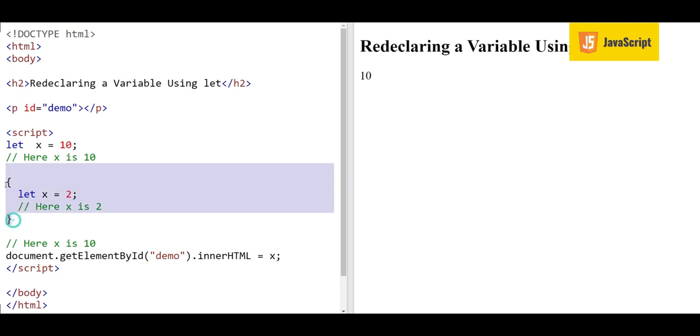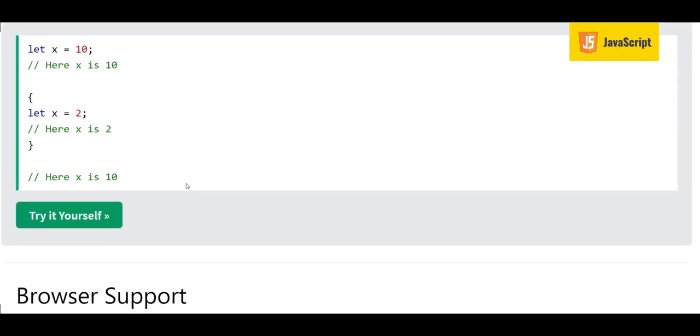It will not change. Even if we make it 5, it is 10. But if I change the value before the block, now the value changes to 5. If I change it back to 10, it is 10. I hope this is clear to you.